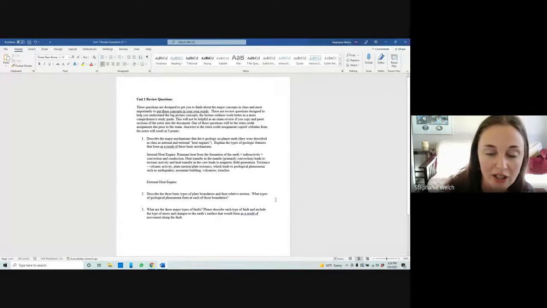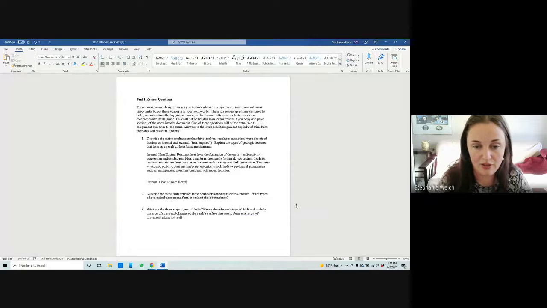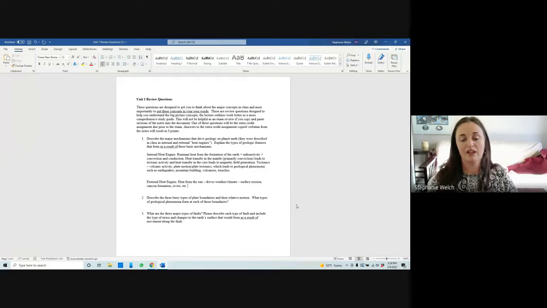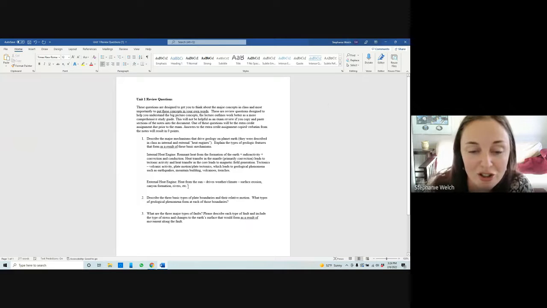The external heat engine is heat from the sun, which drives weather and climate, which then leads to surface erosion, canyon formation, rivers, etc. It's probably the level of detail I should have answered this first question with, and I just got a little nervous and carried away.